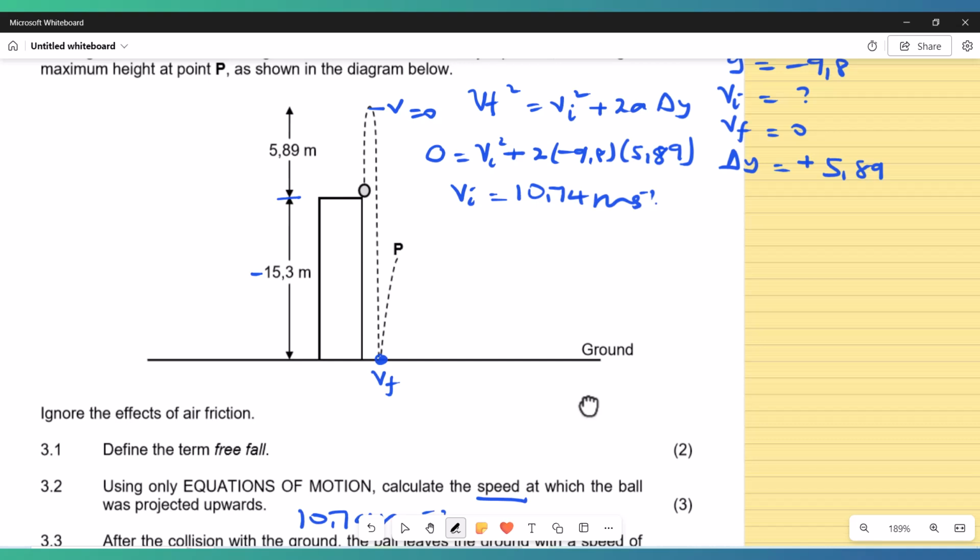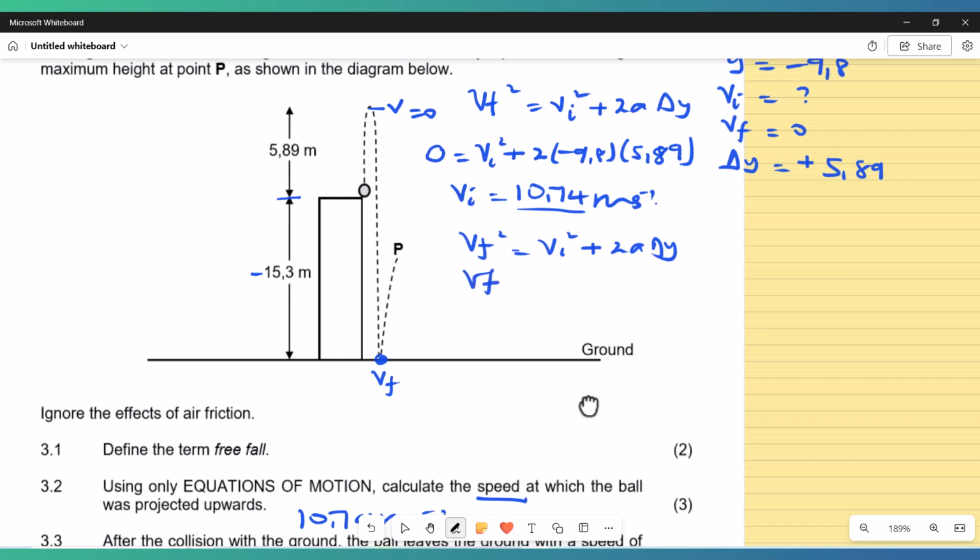Now I know my V initial, which is the 10.74, and I'm looking for the velocity here, and I don't have change in time, so I rather use again V final squared. I'm going to say V final squared equals V initial squared plus 2A change in Y. So now my V final is what I'm looking for here.